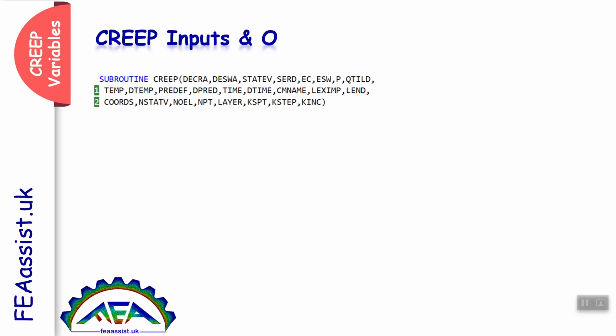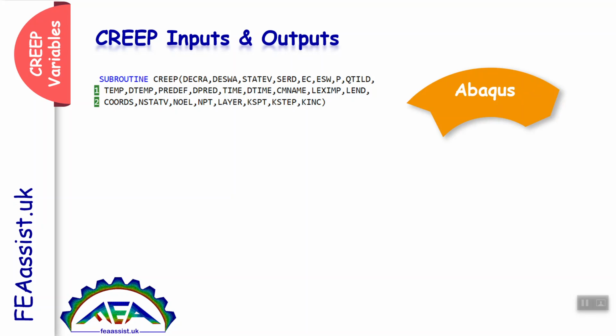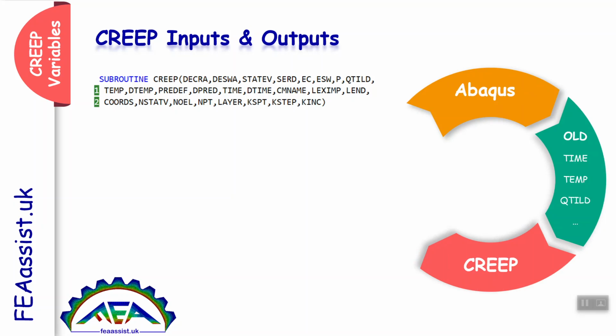Creep variables. Creep subroutine has some variables, some inputs and some outputs. Some of these variables are inputs from Abaqus, and in creep subroutine we do some calculations on them, we process them, and we return the new values to Abaqus. Indeed, Abaqus computes the creep variables and transfers the variables, which are time, temperature, and deviatoric stress, into the creep.